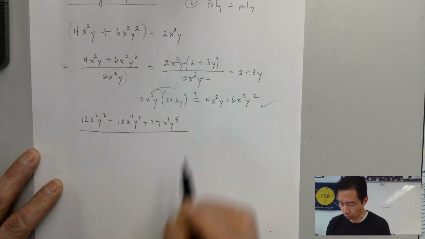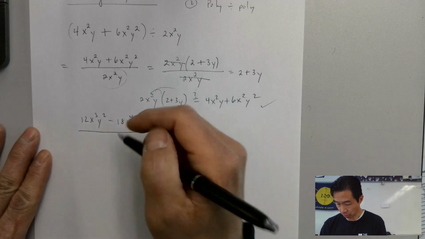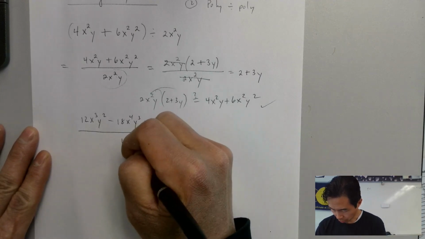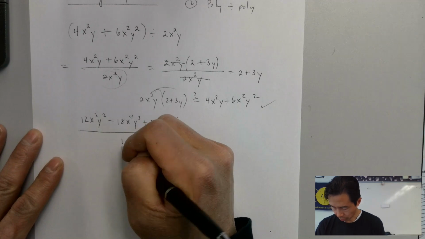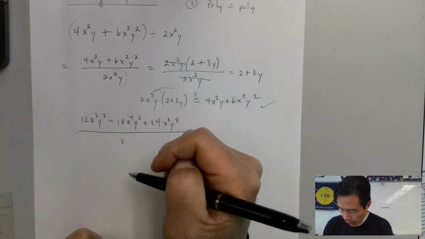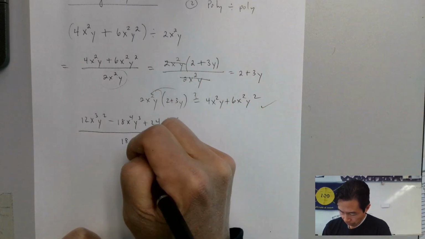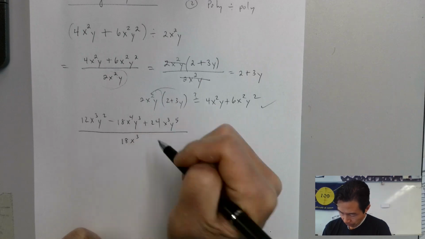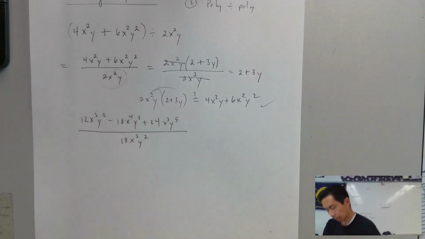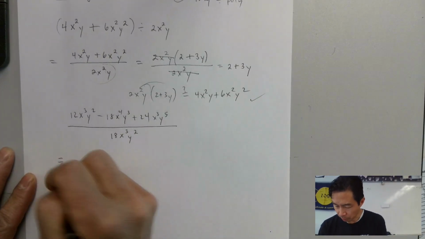Okay, we have this trinomial divided by... I'm just making this on the spot, so I'm not actually sure what's going to happen.